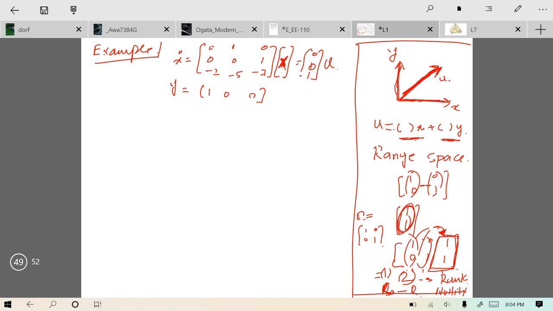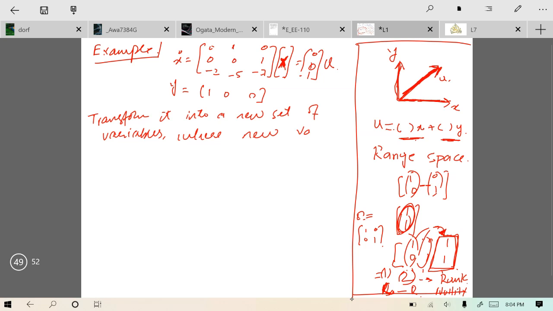Now you are asked to transform it into a new set of variables, where the new variables are related to x as follows.